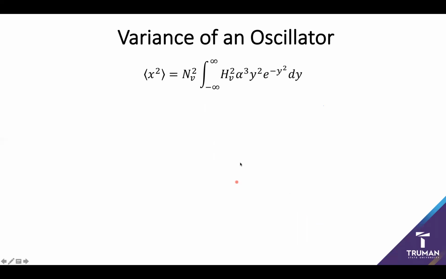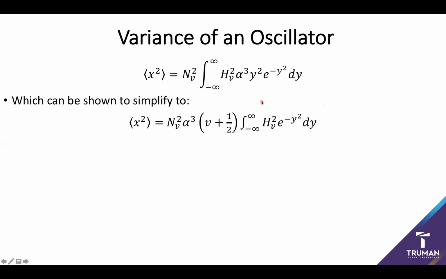Now, the actual first step of this solution gets a little bit tricky because we're pretty good at solving the actual integral of the Hermite polynomial with the exponential term. What we're not so good with is introducing this extra y. However, using a set of polynomial expansions and contractions, it can be shown that this will turn into a v plus 1/2 expression, with, again, our cubic alpha being pulled out front.